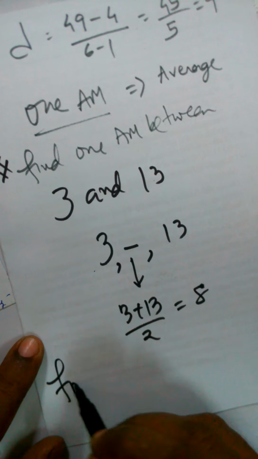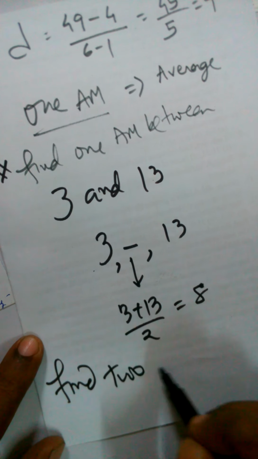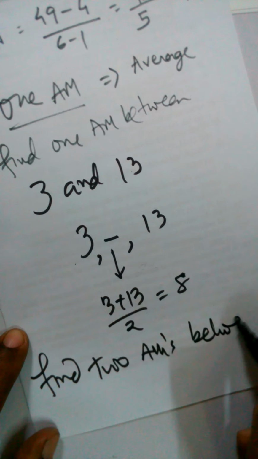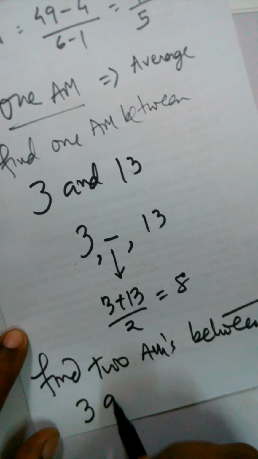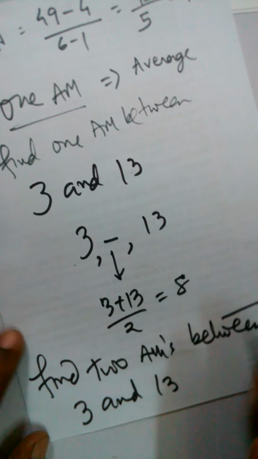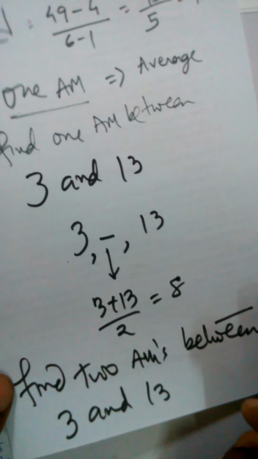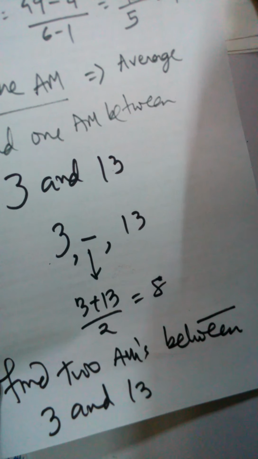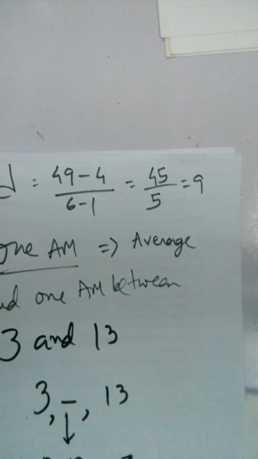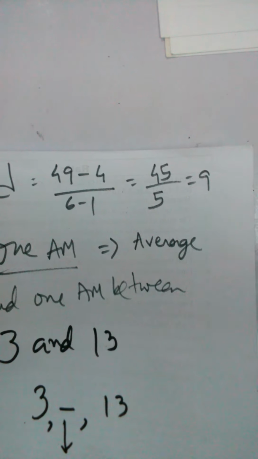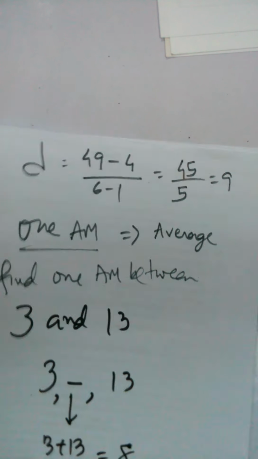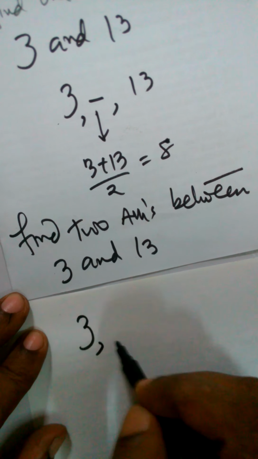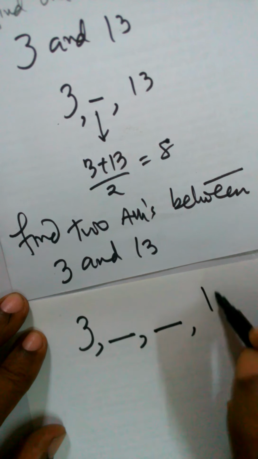But if I say find two arithmetic means between 3 and 13, then your idea will not be the same. Two arithmetic means between 3 and 13, we have 3, then a gap, then 13.